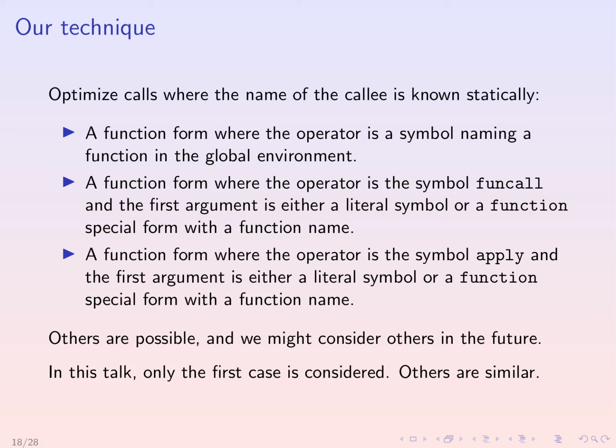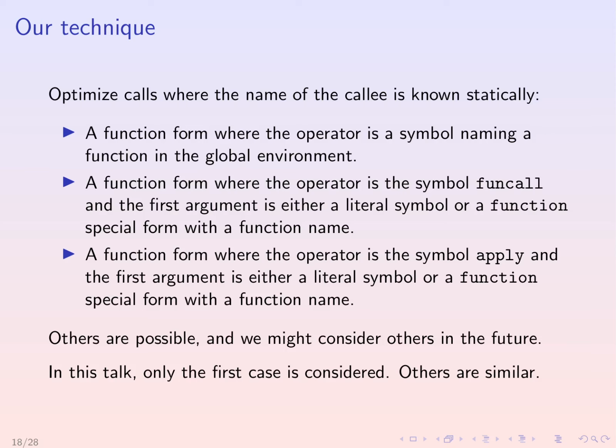The second case is a function form where the operator is the symbol funcall, and the first argument is either a literal symbol or a function special form with a function name in it. And the third case is a function form where the operator is the symbol apply, and again the first argument is either a literal symbol or a function special form with a function name in it. There are other possibilities that we might consider in the future.